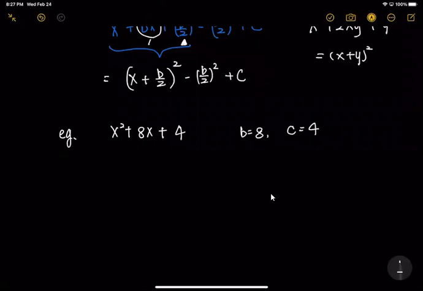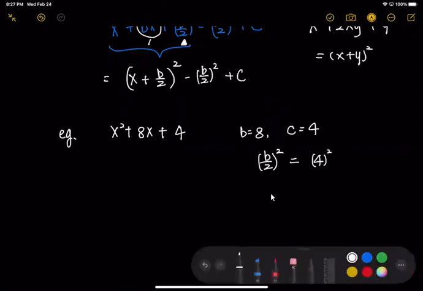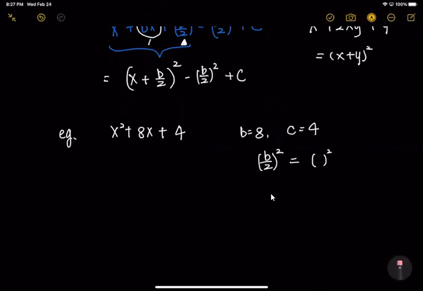So we want to add b over 2 squared to the function. b equals 8, so 8 over 2 is 4, squared, which means you want to add 16 and subtract 16.